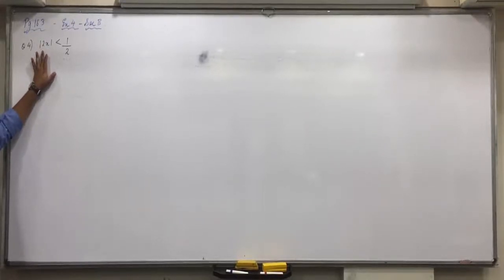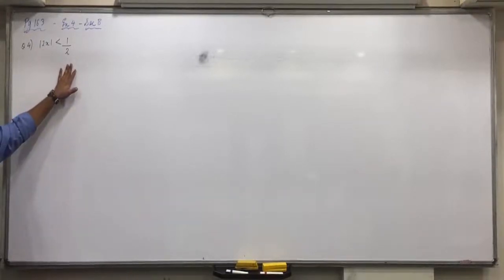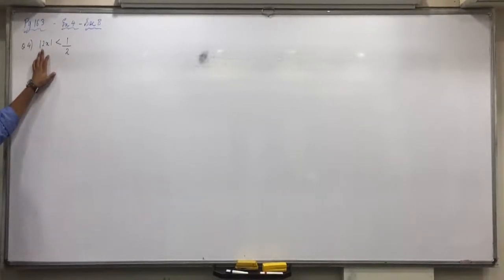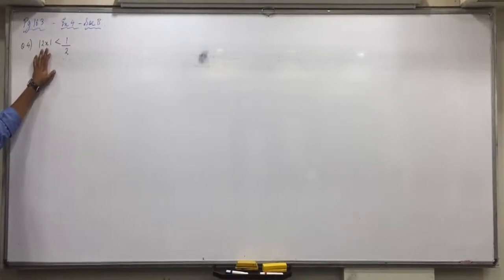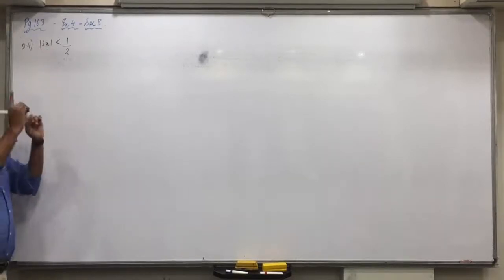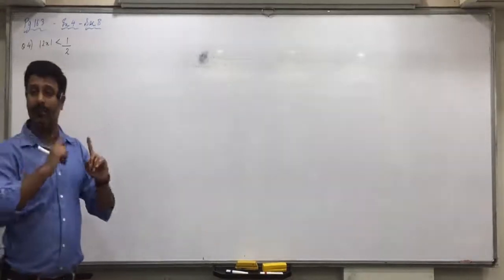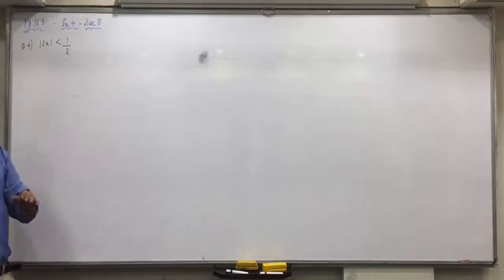How can you cancel 2? Either you bring it to the right side, so it becomes 1 by 2 into 2, 4, or else use this method which can be used in all such questions. If you have to cancel 2, you have to divide by 2. But then you have to divide both sides by 2 to keep the equation the same on both sides.